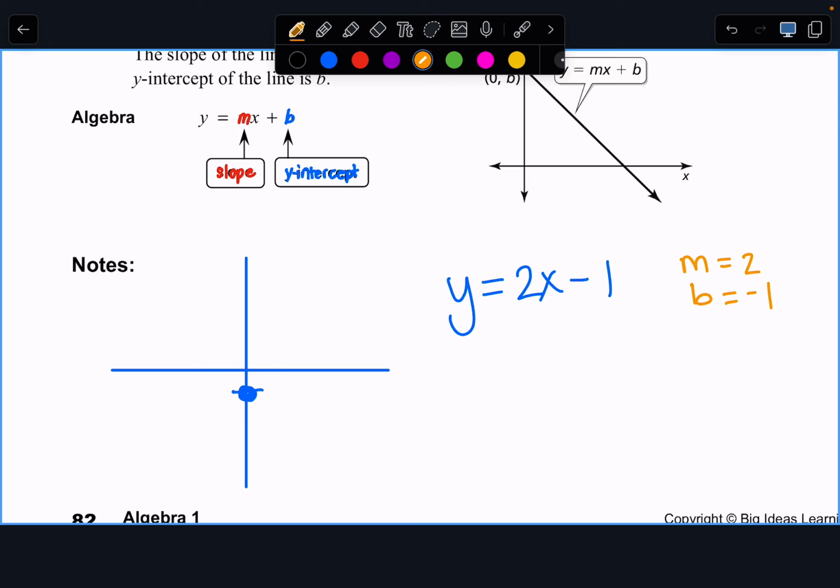Now 2 is like 2 over 1. So our rise is 2. And our run is 1. So up 2 over 1. Up 2 over 1. So if I go up 2 over 1, up 2 over 1.